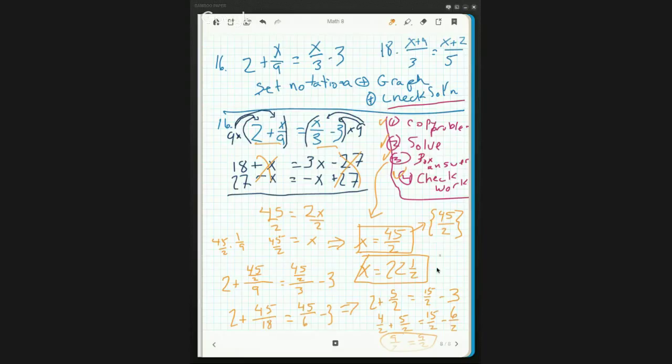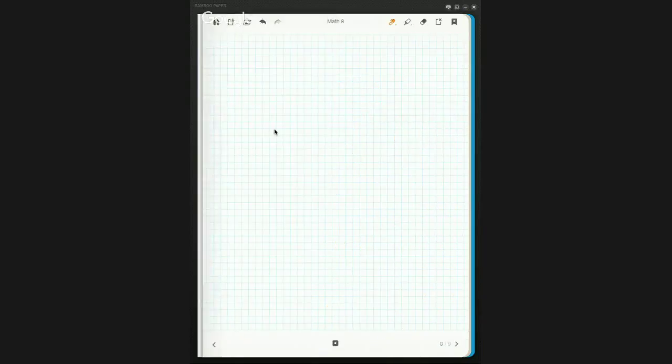And to graph an equality in set notation, so we know the answer is 45 halves. Let's just pop over to the next page, and I'm just gonna make a quick and dirty number line. And I know my answer is 45 halves, or 22.5.